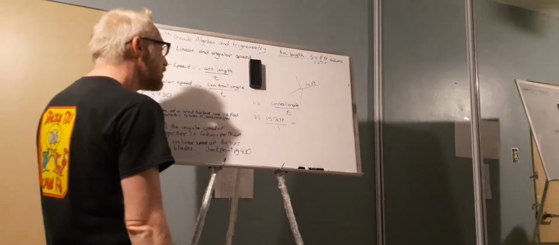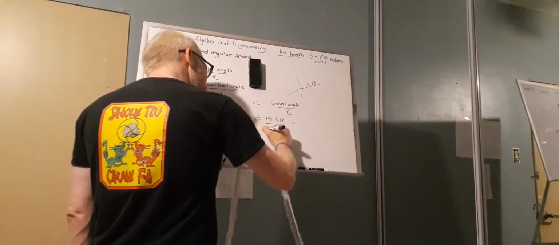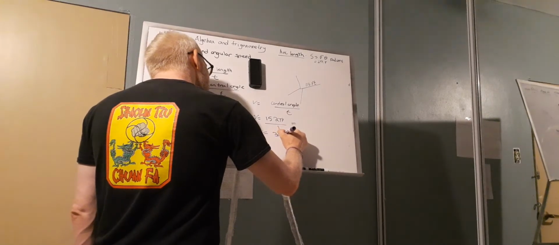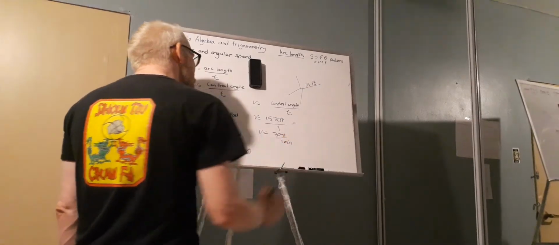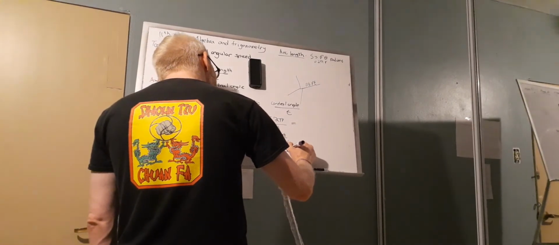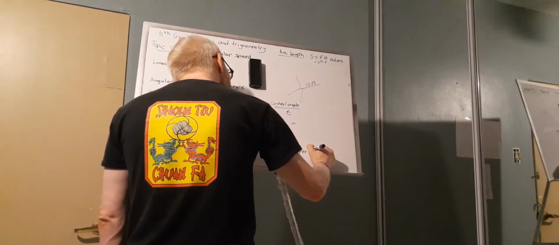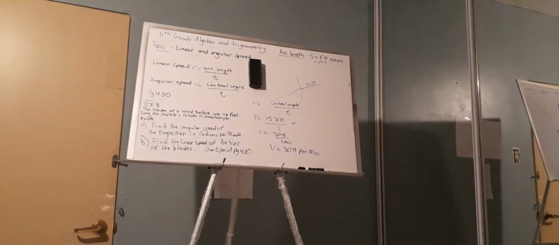So what you're actually going to do is simply say 15 times 2 pi, and that equals 30 pi, in 1 minute. So your answer is V equals 30 pi per minute. Simple, very easy. Take a look at it again as I step out.